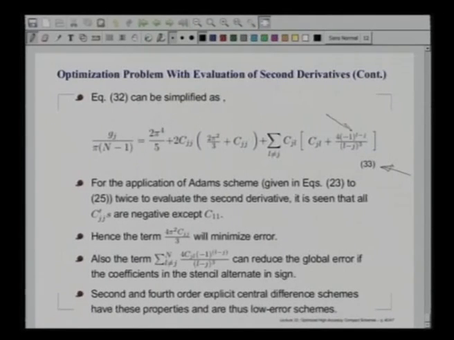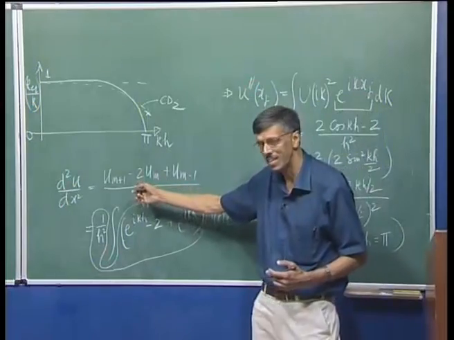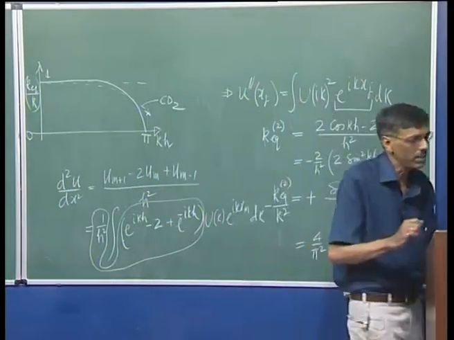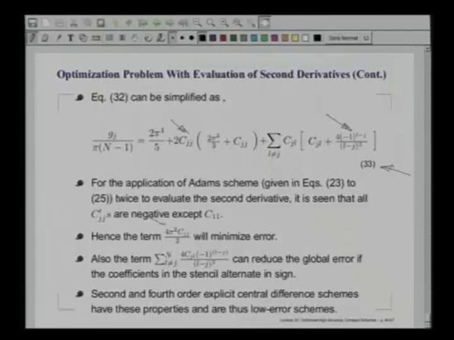This could be one, because that could flip signs, right, minus 1 to the power L minus j. So, that can do that, and of course, we can try to basically keep the sign of the C j diagonal term, that will tell you. So, for example, here the diagonal term is minus 2. So, that is why such a term actually leads to error reduction, but not this C j j square, it will not.